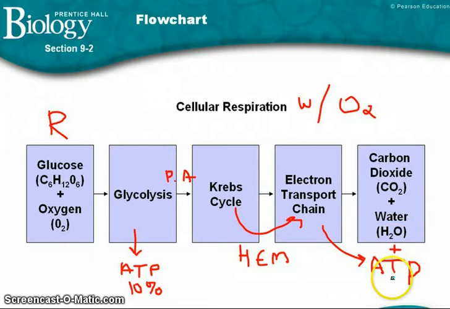It's not really part of the chemicals involved, but it's built as a result of this process as your products at the end of cellular respiration. In terms of energy, like we said before, a little bit of the energy is released with glycolysis. Most of the energy is released actually in the electron transport chain. So that takes those high energy molecules and creates this ATP.